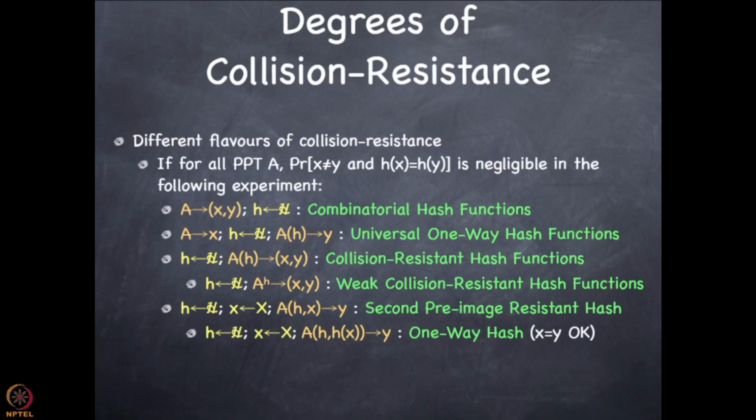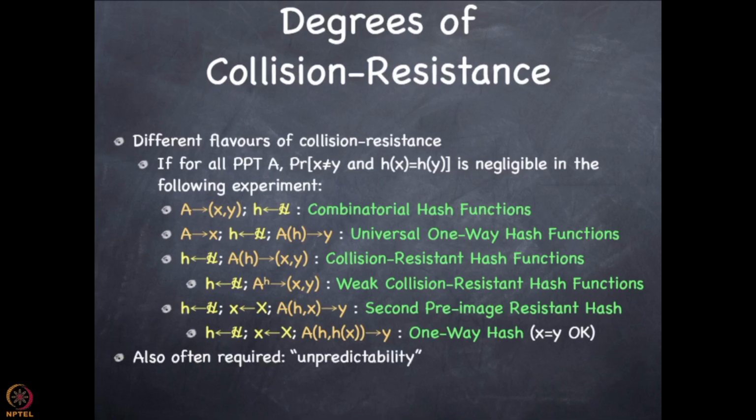Okay, so as opposed to the second pre-image, you could say this is just pre-image resistant hash. We're just asking for a pre-image, and so this is just a one-way function. The adversary should find it hard to find a pre-image of a given random h of x on a random x.